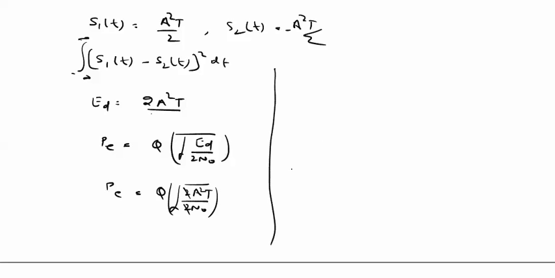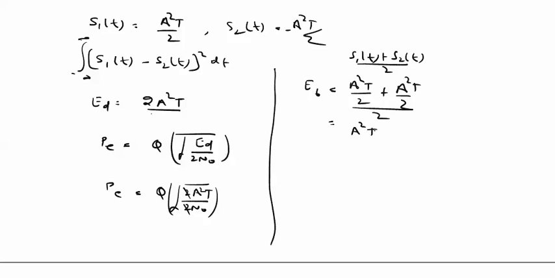If we want to calculate in terms of Eb, it comes from this term: both energies added and divided, averaging by 2. It is known as bit energy. Averaged by 2, the net bit energy is a square t by 2. If we put this value in, then the probability of error is revised to 2 Eb upon N naught.